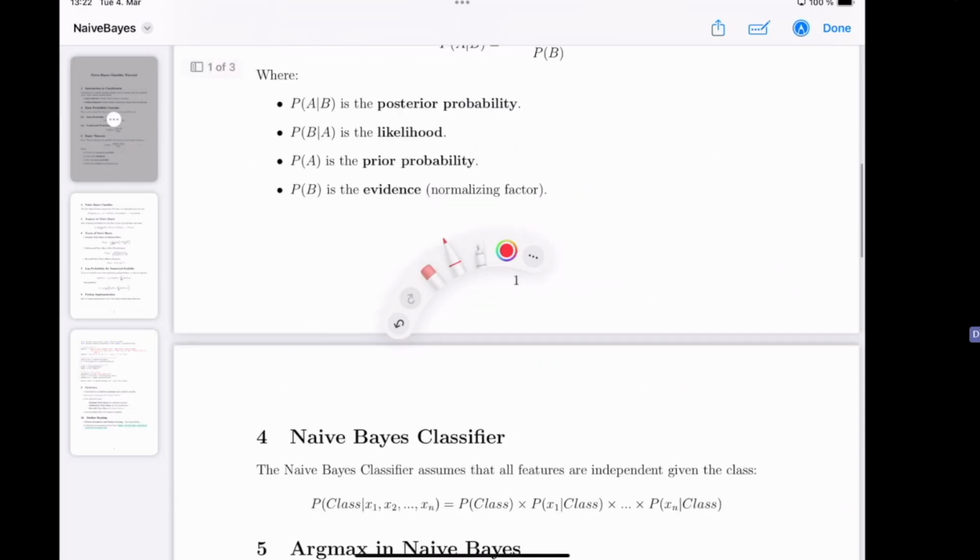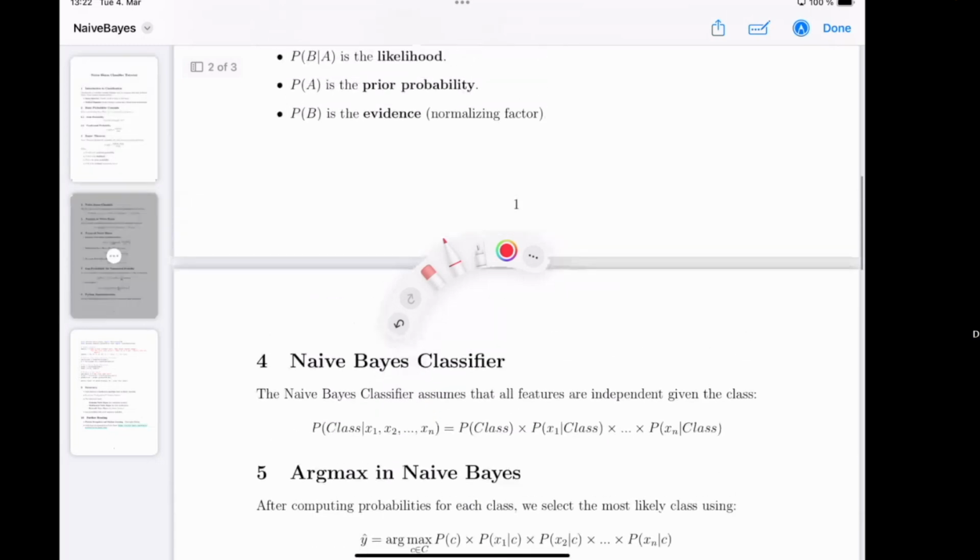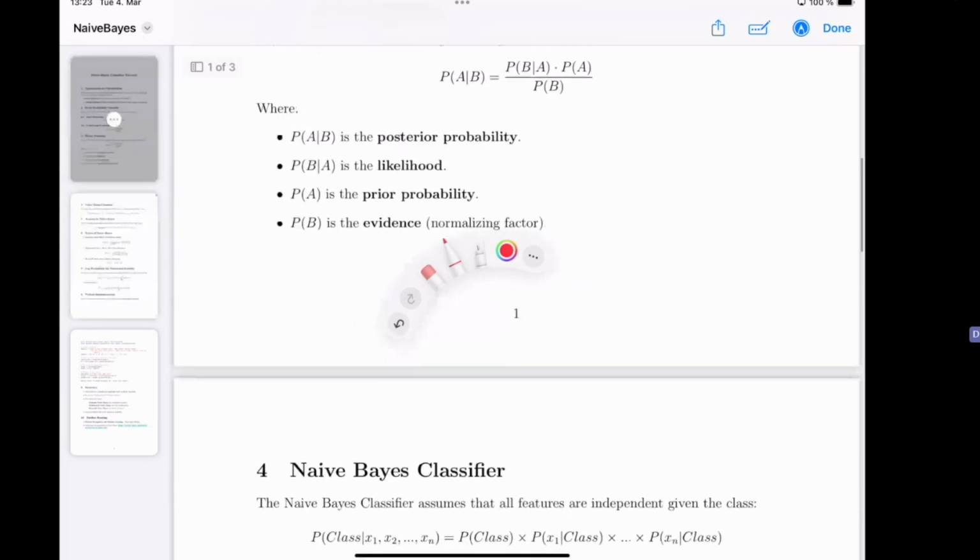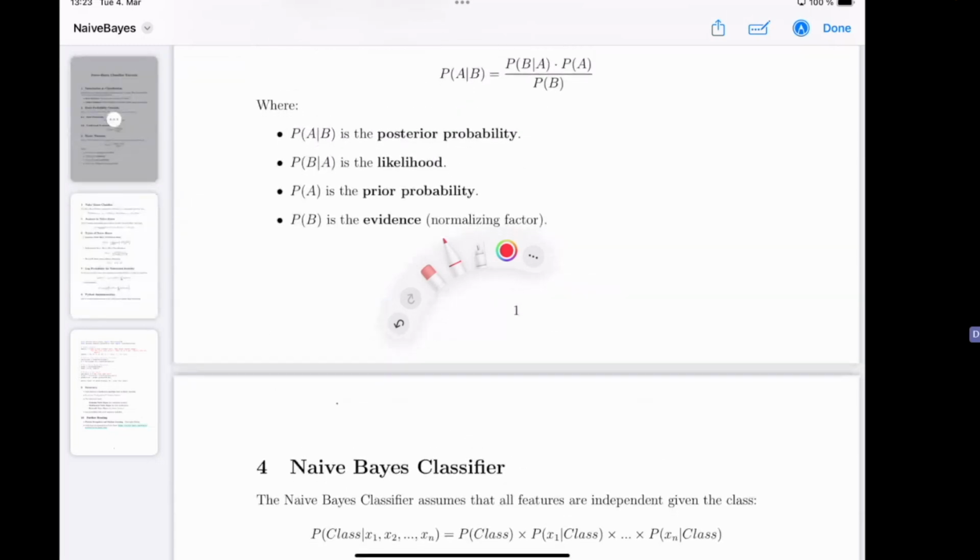Let's go a little bit further. I write this formula again here, but I used other characters. I say class given, so I'm talking about this formula. I have a class and a set of characteristics.